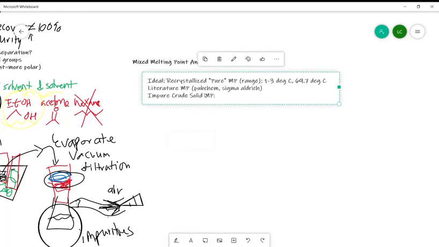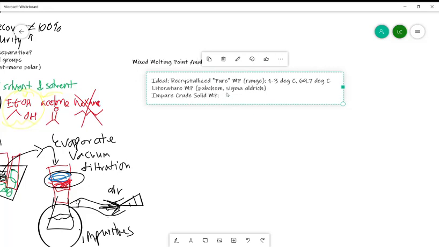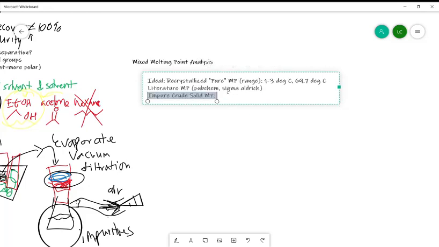Essentially, you would expect a larger range for that reason, a larger melting point range. So it might be like 8 degrees, 10 degrees, something much larger than 1 to 3 degrees.